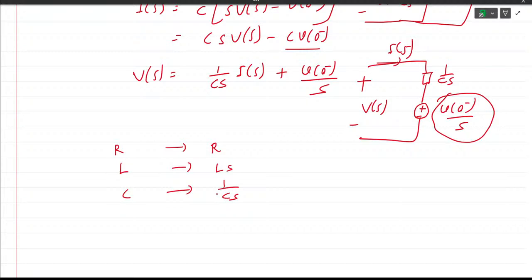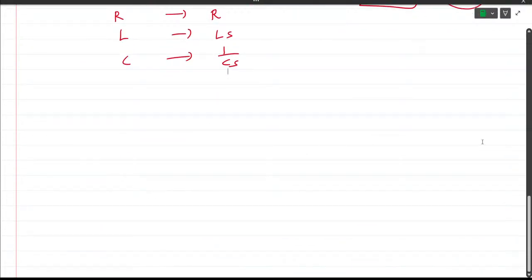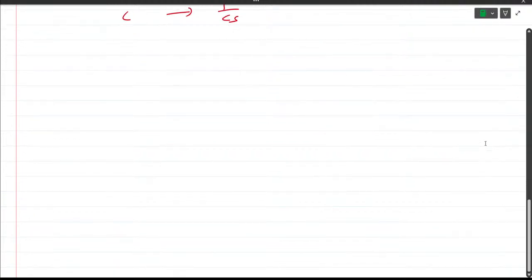Okay, let us apply the transform. How are we going to apply this Laplace transform, or you can say impedance transform, to a given circuit? Suppose you have been given a circuit.